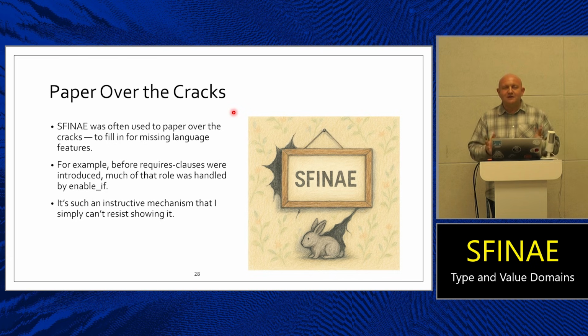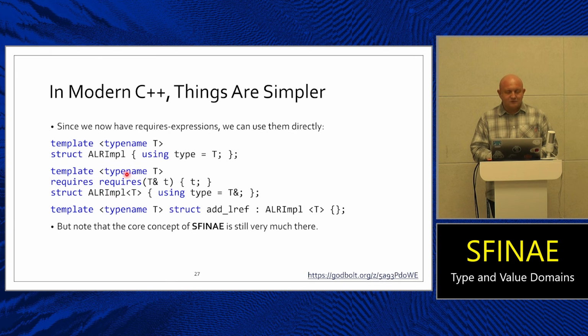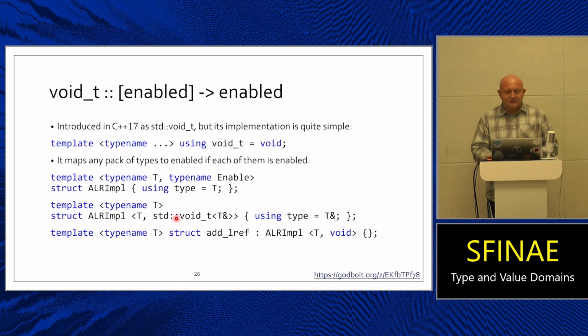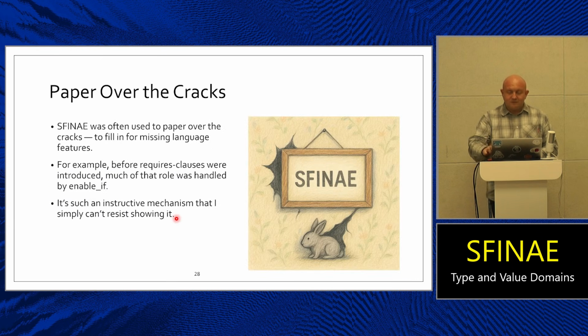This is SFINAE as it was designed. But most of the time, like here for std::void_t and here and there and everywhere, SFINAE is just patching over the rough edges, covering one hole in the language after another.